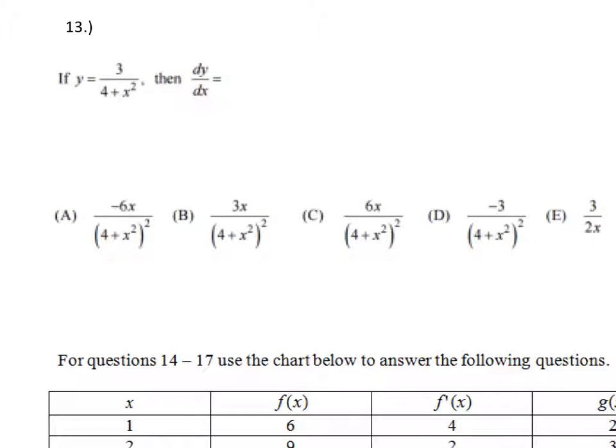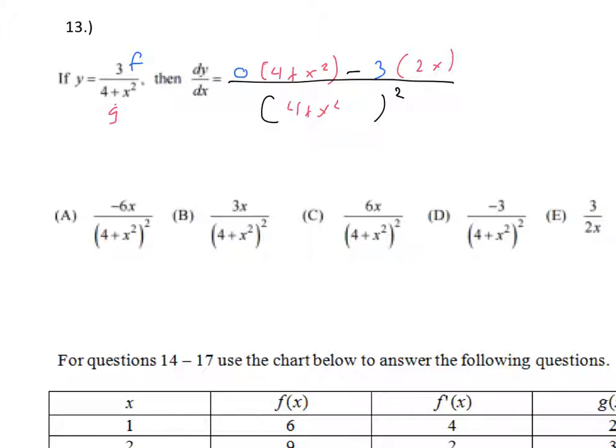This is kind of a sneaky quotient rule because my first function, f, is 3, and my second function is 4 plus x squared. So now when we take the derivative of that, the derivative of 3 is 0 times the quantity 4 plus x squared, minus 3 times the derivative of 4 plus x squared, which is 2x, divided by that denominator as a quantity squared.